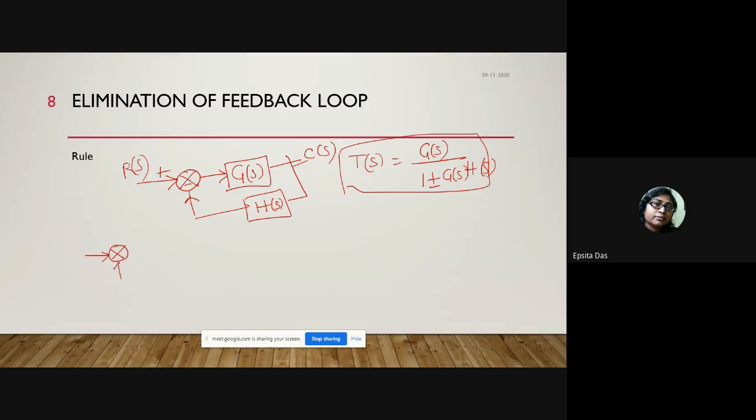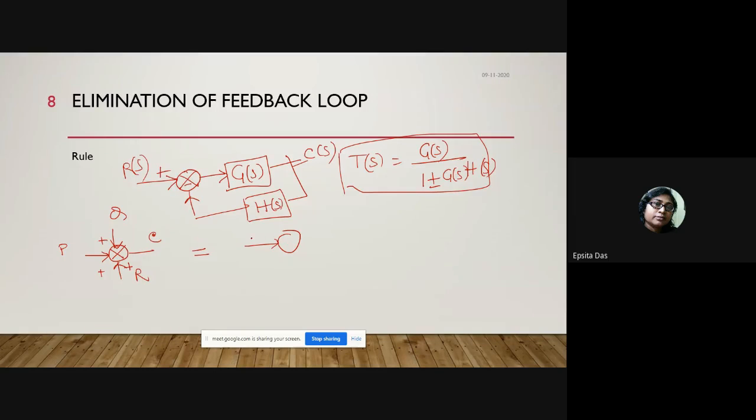Suppose many signals are at a summing point, so if it is easier to reduce the block diagram, sometimes we take this summing point and divide it into two summers. Suppose this is P, this is Q, and this is R, and the output is C.